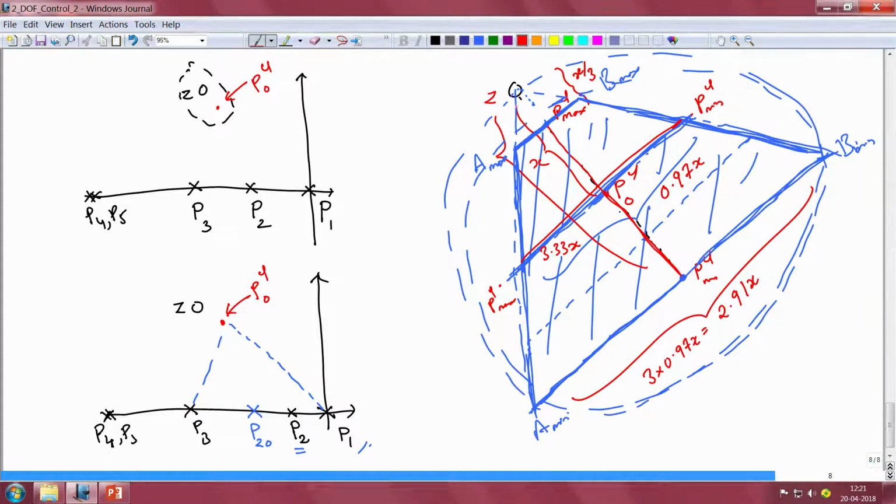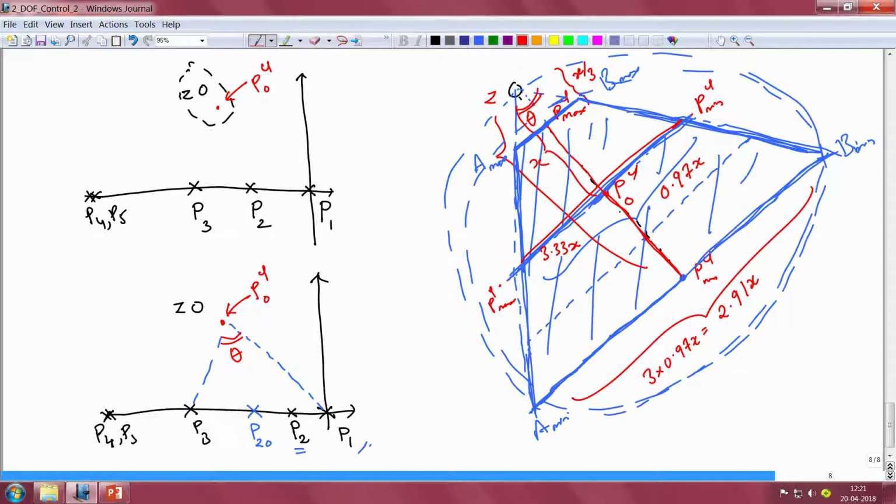Now, the triangle Z A min B min has an apex angle which I shall call theta, which is known to us because that angle is essentially going to be the same as the angle that is formed by the extremities of the pole P2 of the plant with the point PCL naught. So, from trigonometry I can obtain the angle theta from the triangle P1 P3 PCL naught, and the same angle is going to be the one formed between the points A min, Z and B min.